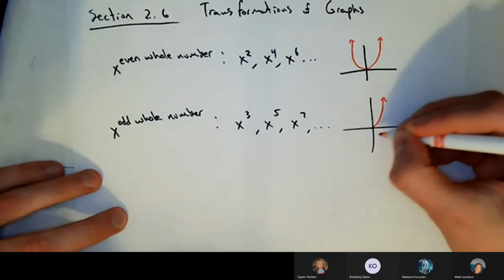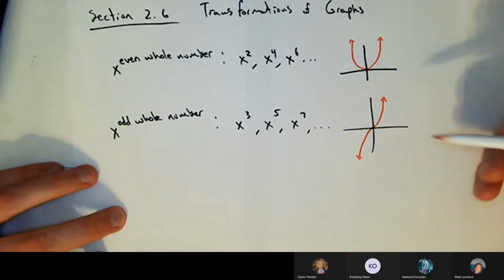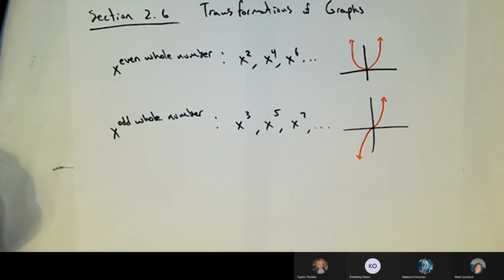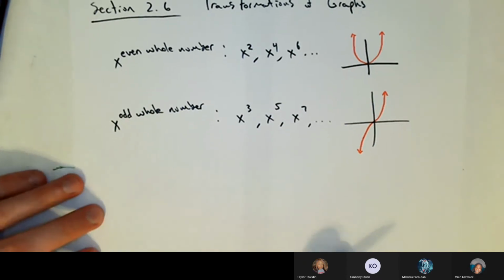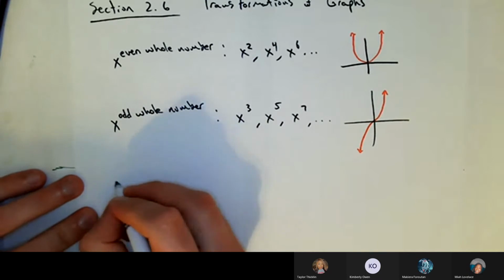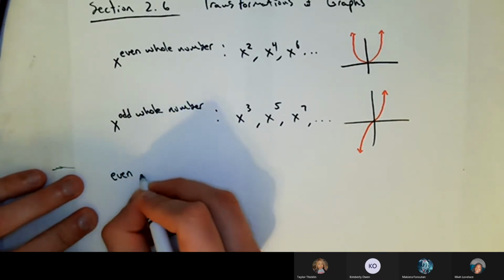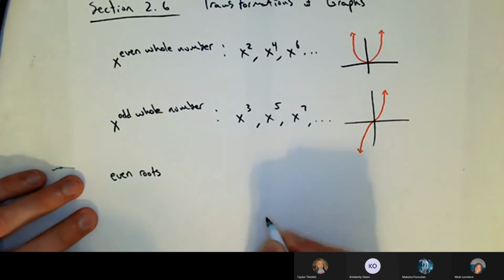So these are all having this general shape where the leg over here is pointing down. And these are still just base graphs, right? I'm just writing down the base graphs. Then we had even roots.